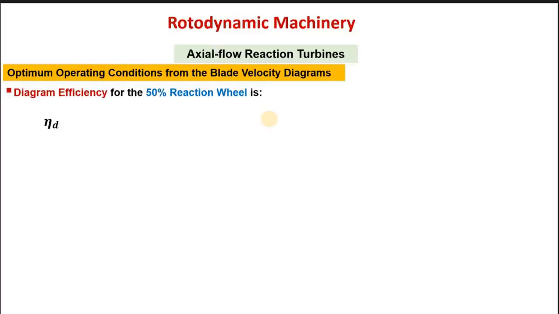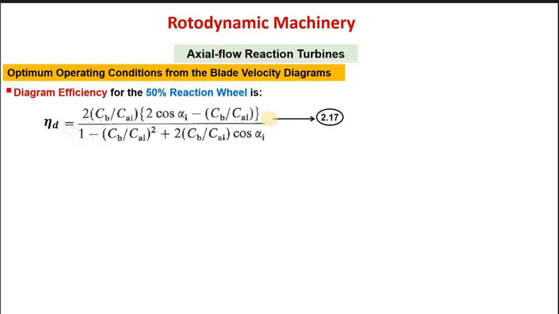The same procedure will be adopted here, that is to differentiate the equation which we have already derived for diagram efficiency for the 50% reaction turbine, given by equation 2.17. Here we can see this diagram efficiency is mainly a function of two factors. One is the ratio CB over CAI, second is cos alpha I. Alpha I we have already discussed, it cannot be zero, it cannot be too high, so it is normally a fixed parameter.